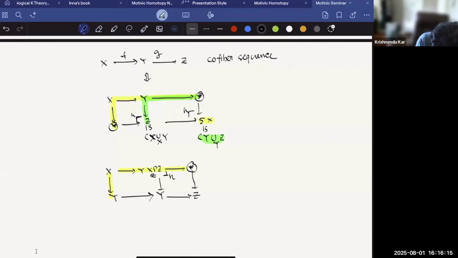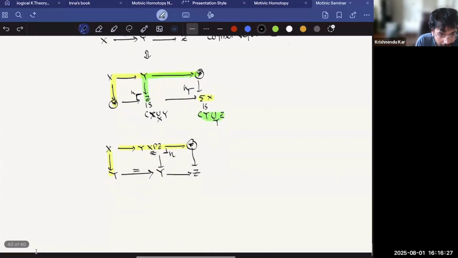This is equality, not isomorphism, literally equality. This is the homotopy push out by the co-fiber sequence part. Now I can take the homotopy push out. This is your homotopy push out, keep mentioning it. Now let's take the homotopy push out of this guy.